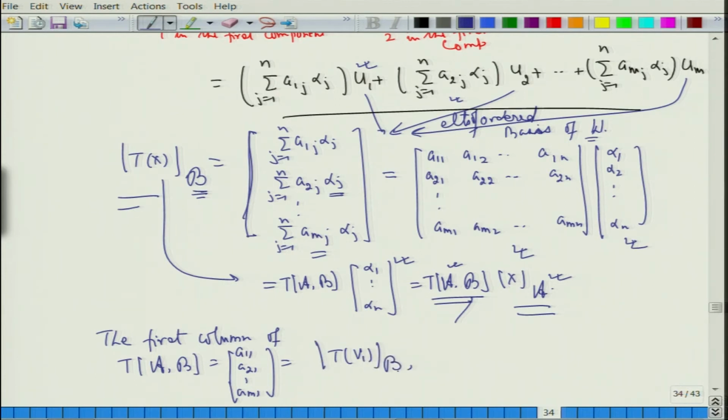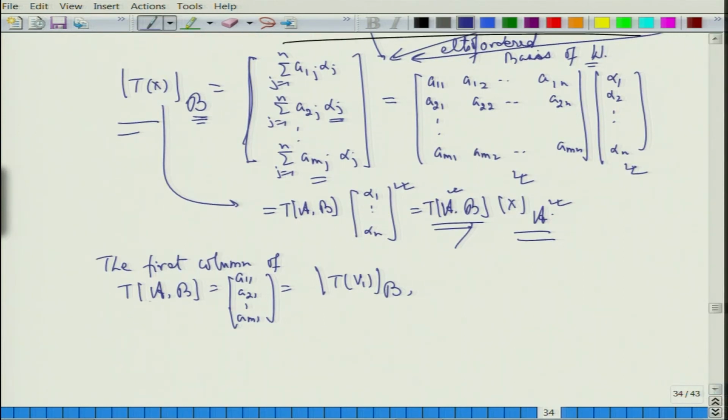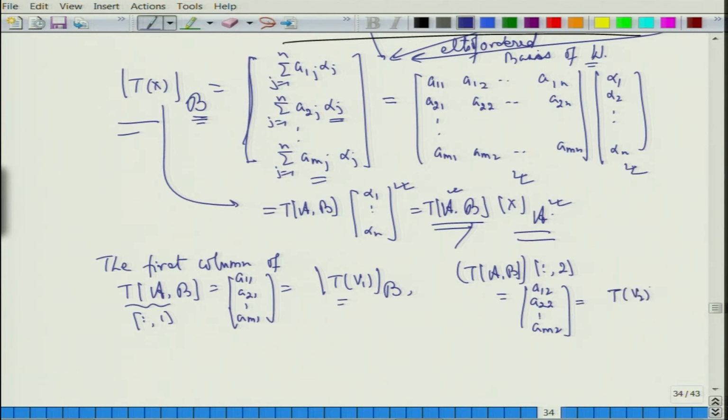All right. The second column, when I write the first column, it is basically this comma 1 that I am looking at. The second column is nothing but A12, A22, Am2, which is again the same thing, T of V2 with respect to B. So see here, 2 is there on the second part.